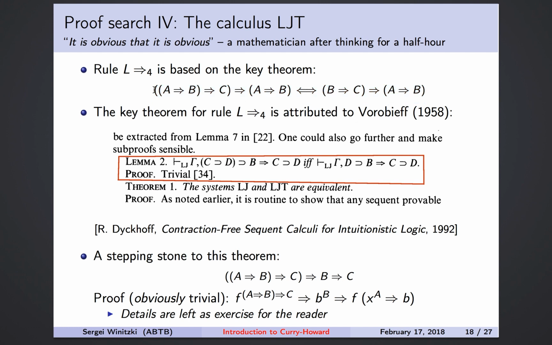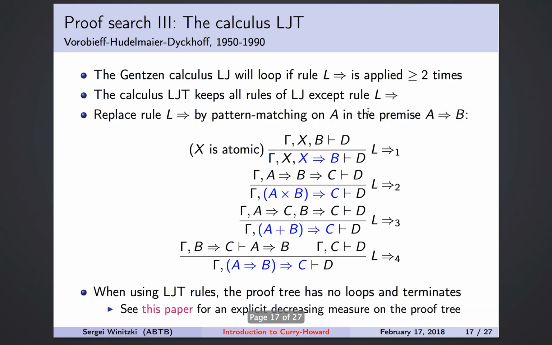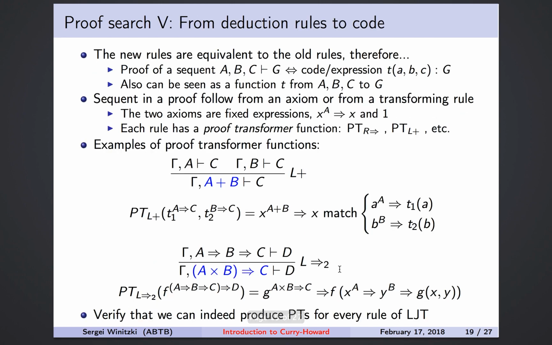But of course I had to actually produce an expression, a function of this type in order to implement my Curry-Howard library, because as I will show in a moment, you need to be able to implement all these as code in order to have a prover. So why is that? We believe, the mathematicians, that the new rules are equivalent to the old rules.